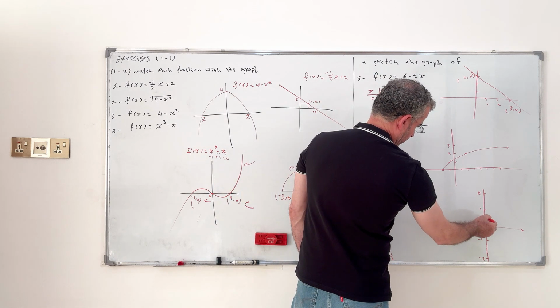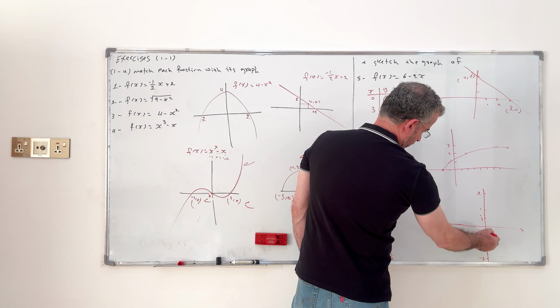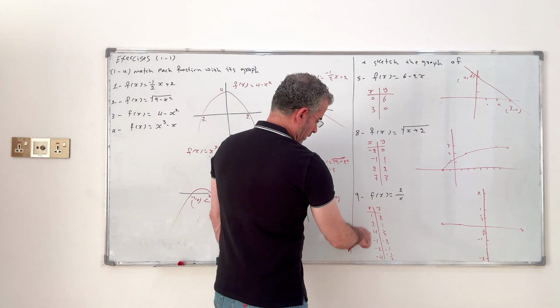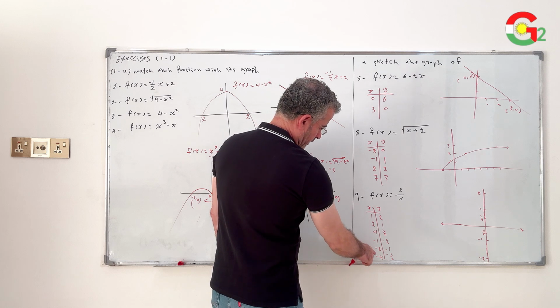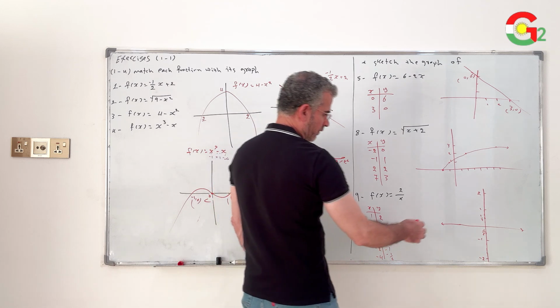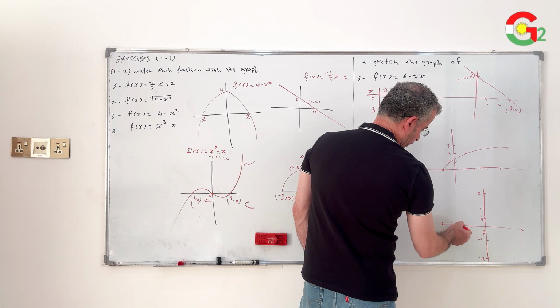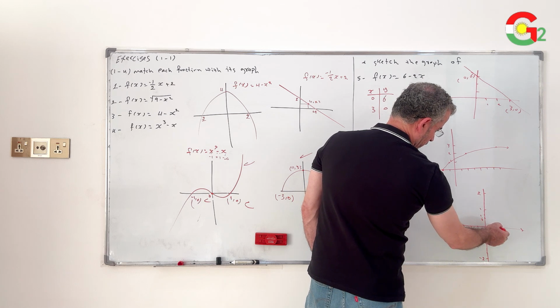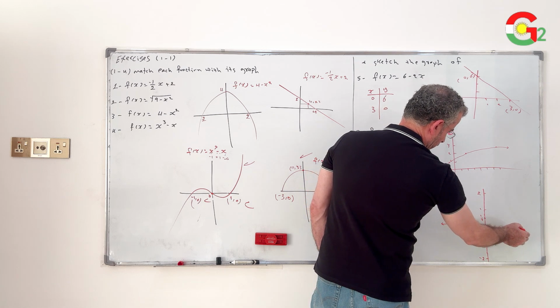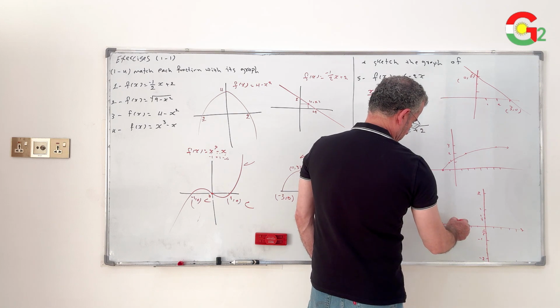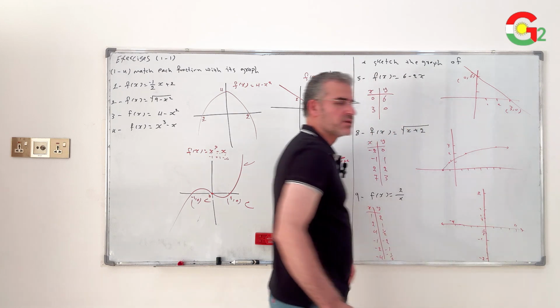This is 1 half. This is negative 1 half. X, it's from negative 4 to 4. 1, 2, 3, 4, negative 4. 1, 2, 3, 4, 4. This is negative 4, and this is 4.